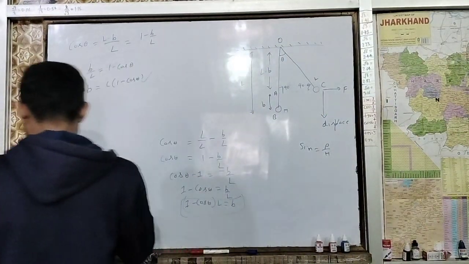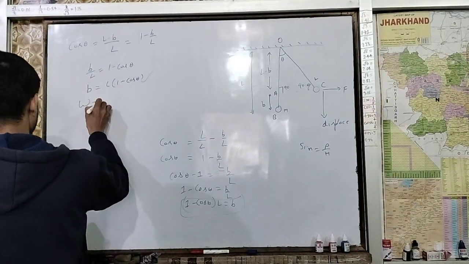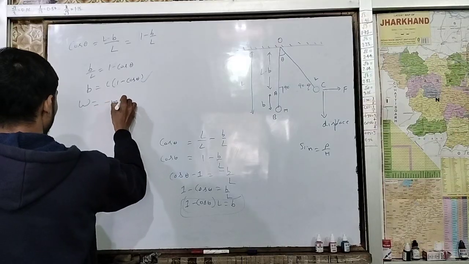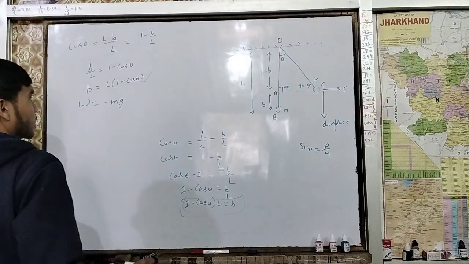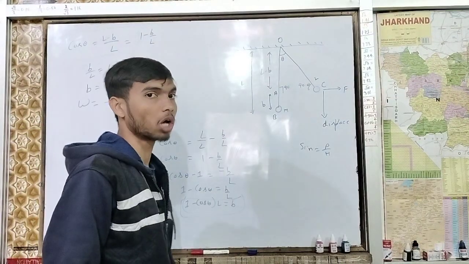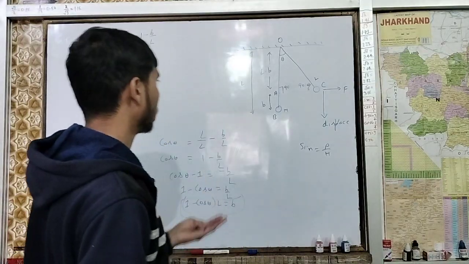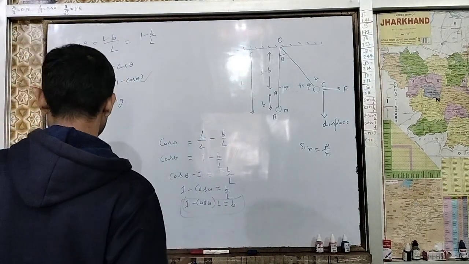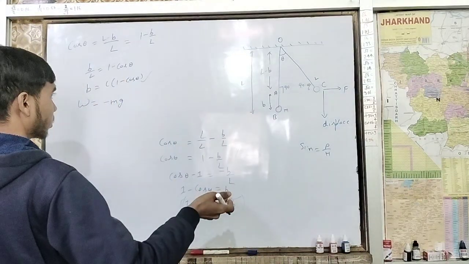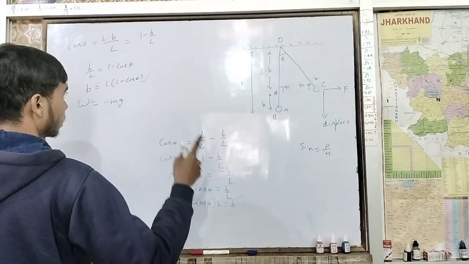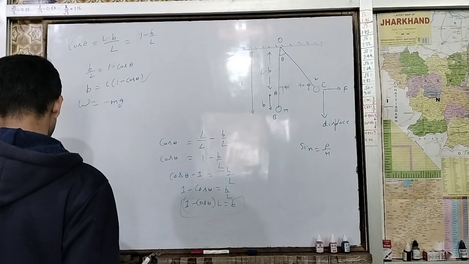Finally, the work done by the gravitational force will be minus mg, because it is going from downward to upward. That's why the minus is compulsory. mg is the gravitational force, working under gravity.